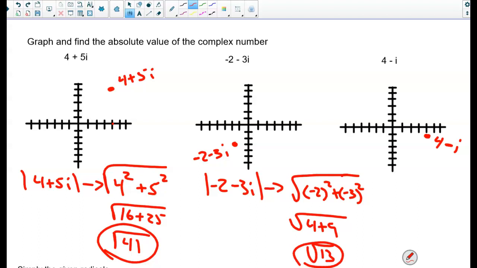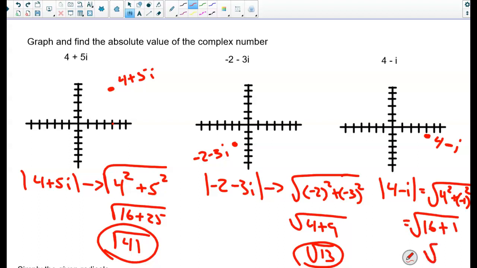Finally, the absolute value of 4 minus i, 4 squared plus negative 1 squared. 16 plus 1, my absolute value is root 17. If you can simplify those radicals, you do so. If you can't, you leave it.